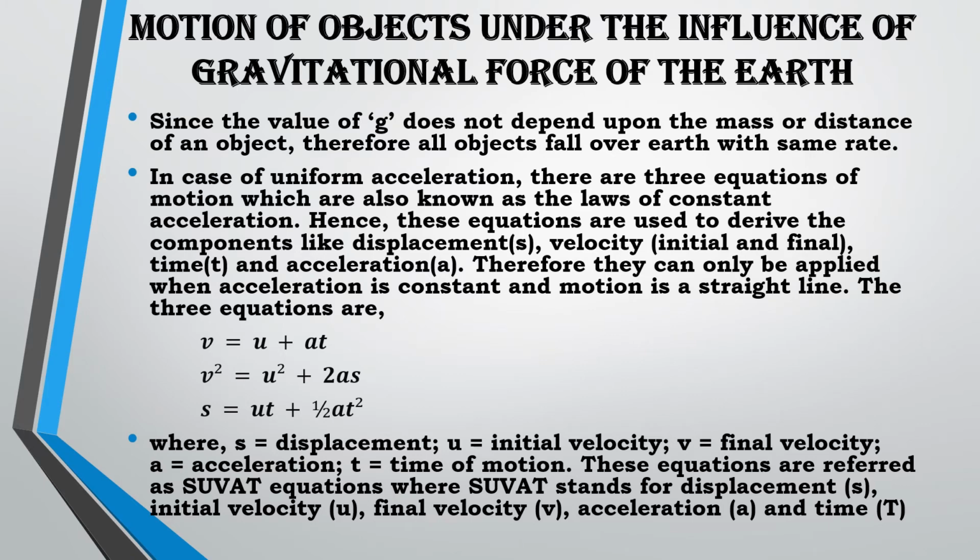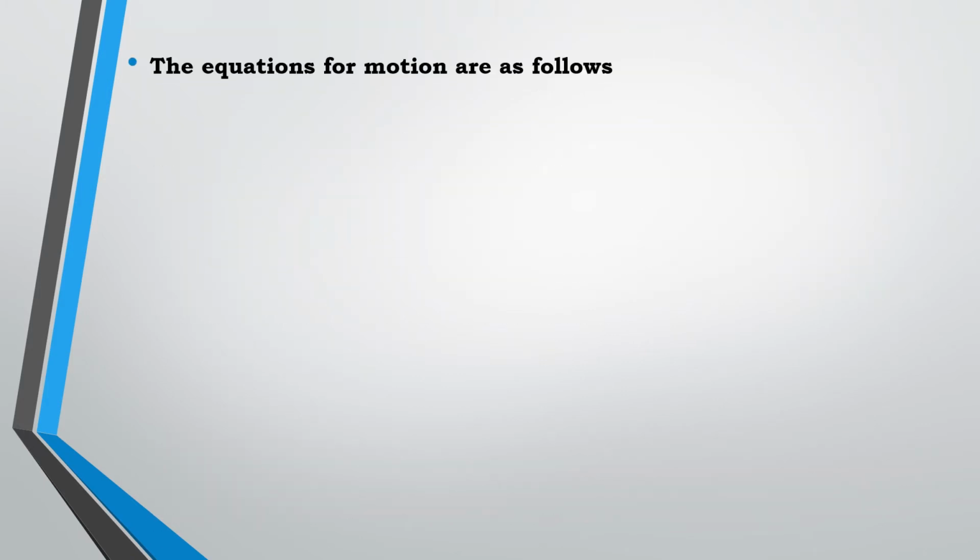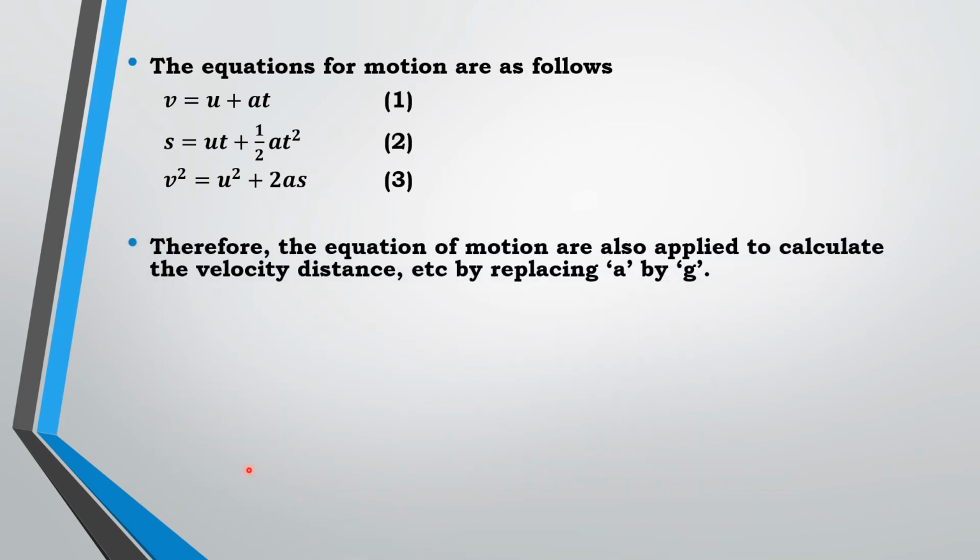Now further, the equations of motion are as follows: v is equal to u plus at, s is equal to ut plus half at square, and v square is equal to u square plus 2as, as we saw in the previous slides. Now we substitute a by g, because the motion of the object is under the influence of the gravitational force of the earth.